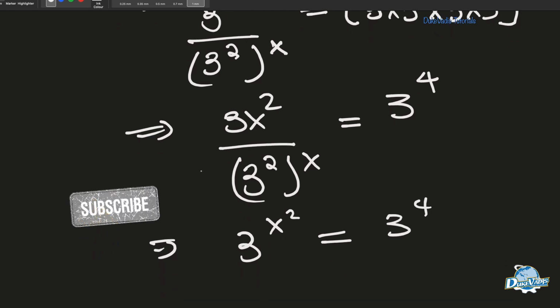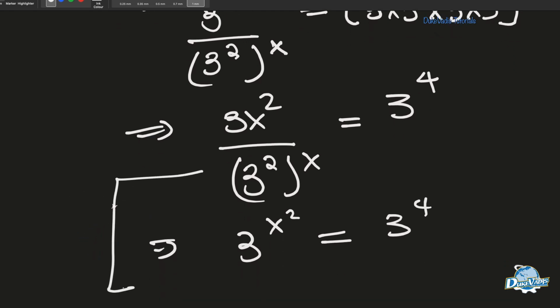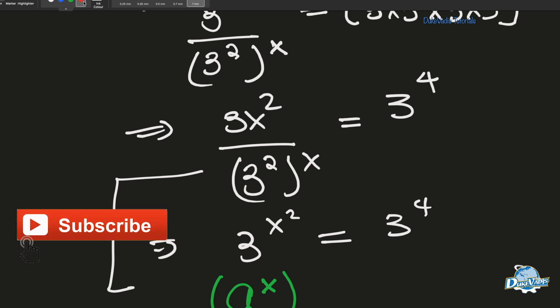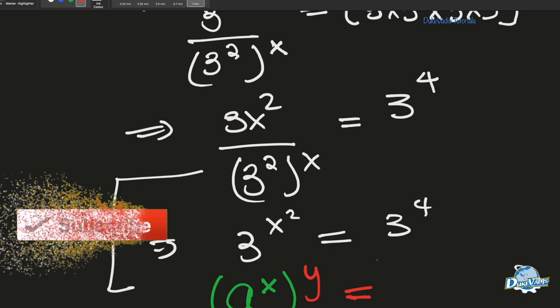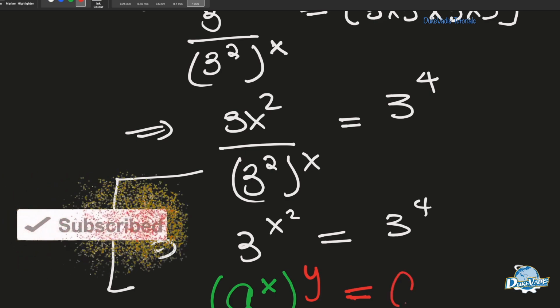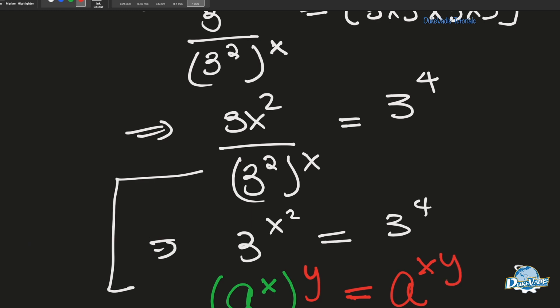And when we look at the bottom one here, if we remember when we were doing the indices earlier, we realized if you have a raised to the power x in bracket and you are raising to the power y, there's a property of indices that says this can be written as a raised to the power xy.